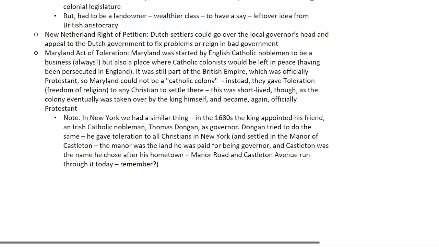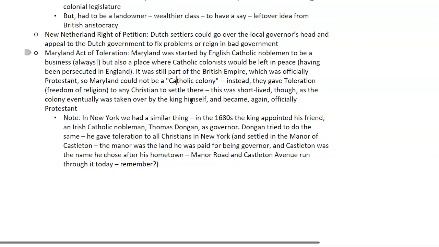It was still part of the British Empire, which was officially Protestant, so Maryland could not be a Catholic colony. You couldn't call it that. So instead, the closest they could come was to give toleration, freedom of religion, to any Christian who settled there. And what they really meant were Catholics.